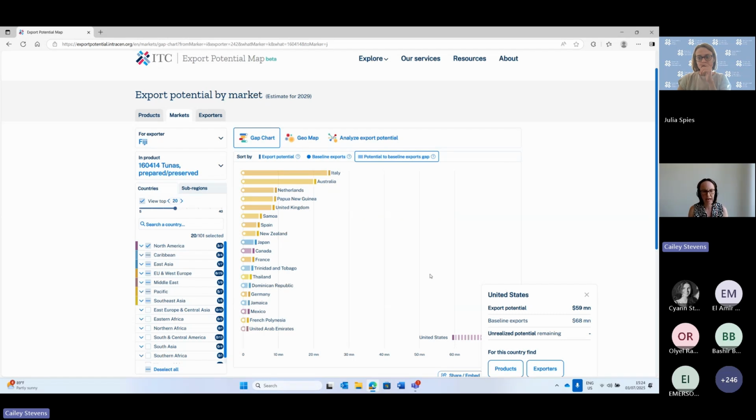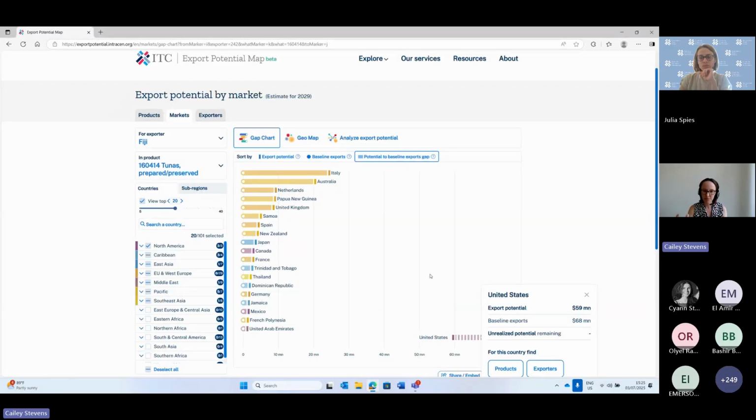So it's going to look at Fiji's world market share in tuna projected to 2029. And when we look at Fiji's world market share, we also are going to look at how its world market share in tuna is going to evolve compared to other exporters of tuna. So we want to know, by 2029, how is their world market share going to evolve compared to other exporters?